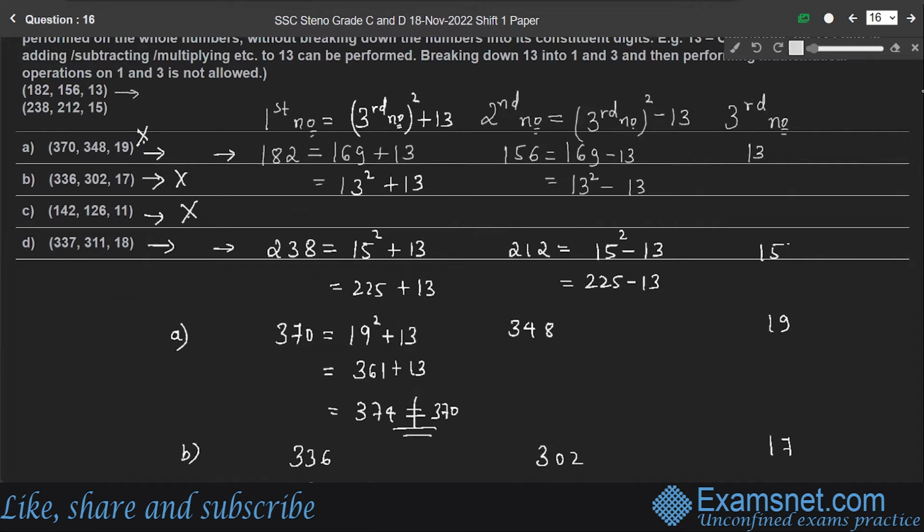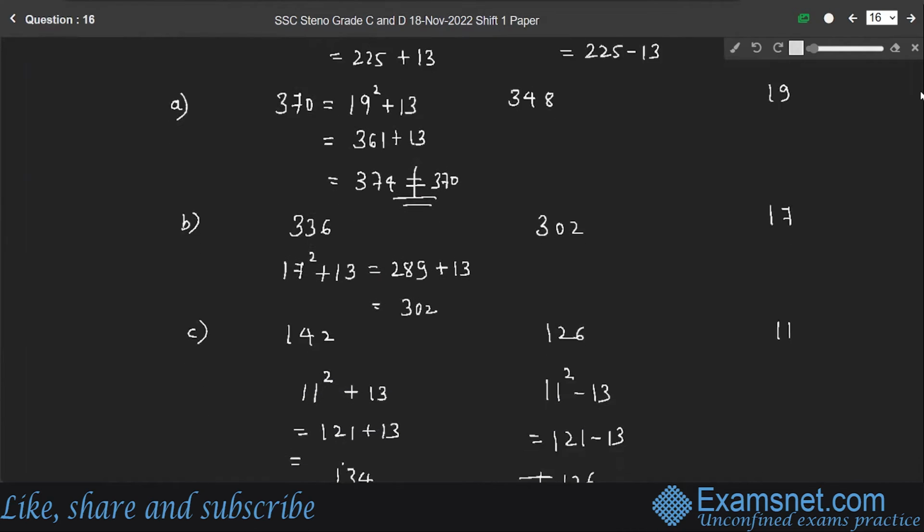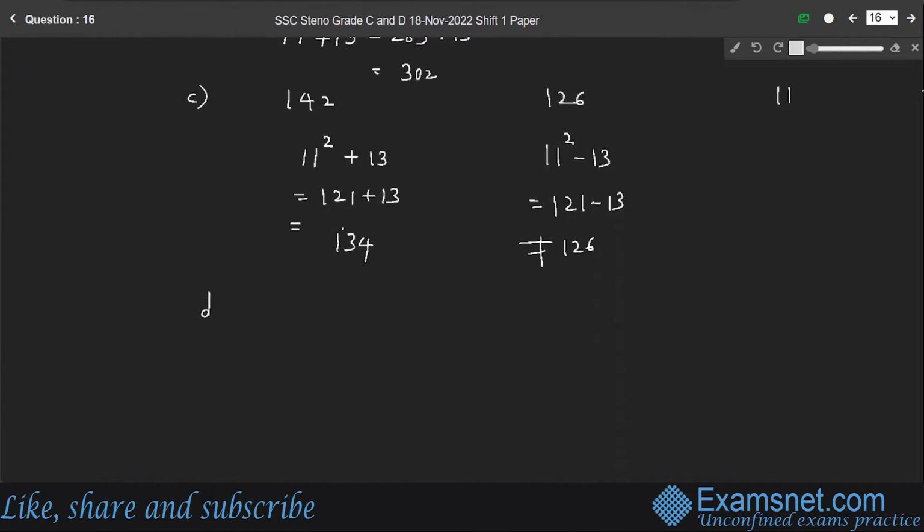We'll consider option D. Option D: 337, 311 and 18. Since 18 squared plus 13, according to the logic, 18 squared is 324, plus 13 is 337.